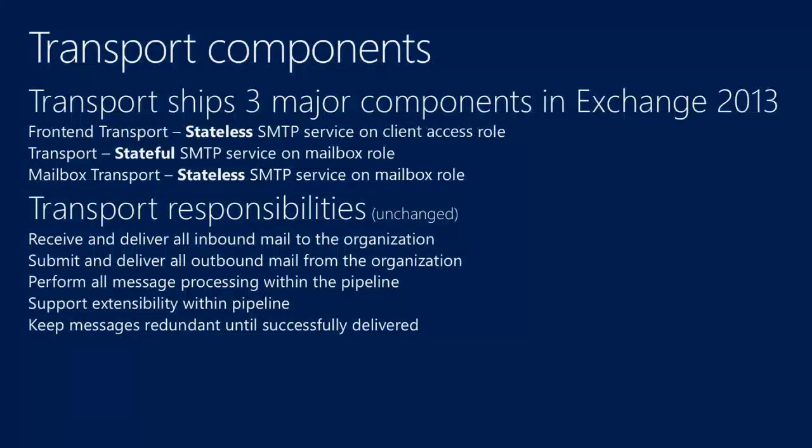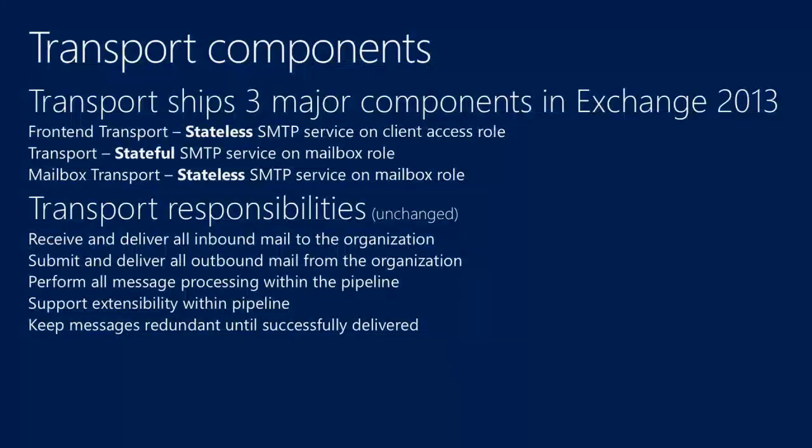So we decided that we should actually ship a stateless transport service on the client access server role that could be used for doing proxy-related functionality for messages coming into the organization, whether it be a SharePoint application or a POP or IMAP or internet-based mail, as well as a means for us to get that mail outside of the organization boundary. So that's the front-end transport service. I may refer to it as FET several times during this session, so if you hear me use that term, that's what it means, front-end transport.